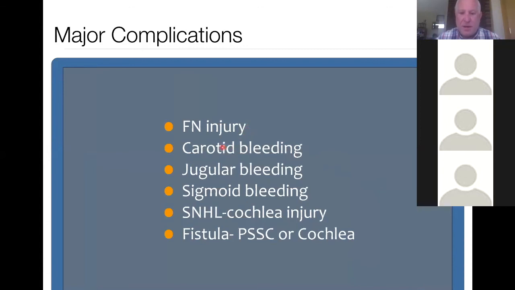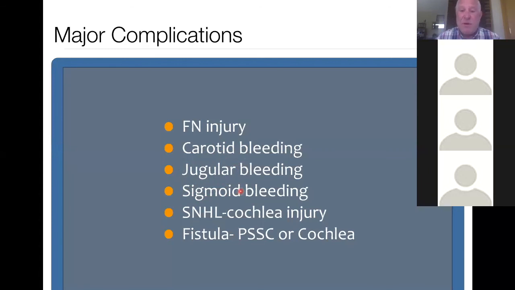You can potentially get carotid bleeding when you're doing the infra-cochlear approach because the carotid artery is the main structure for your anterior border of your drill out. Equally, in both the infra-labyrinthine and the infra-cochlear approach, jugular bleeding from the jugular bulb, or bleeding from the sigmoid sinus, as in the case of the infra-labyrinthine, can occur.